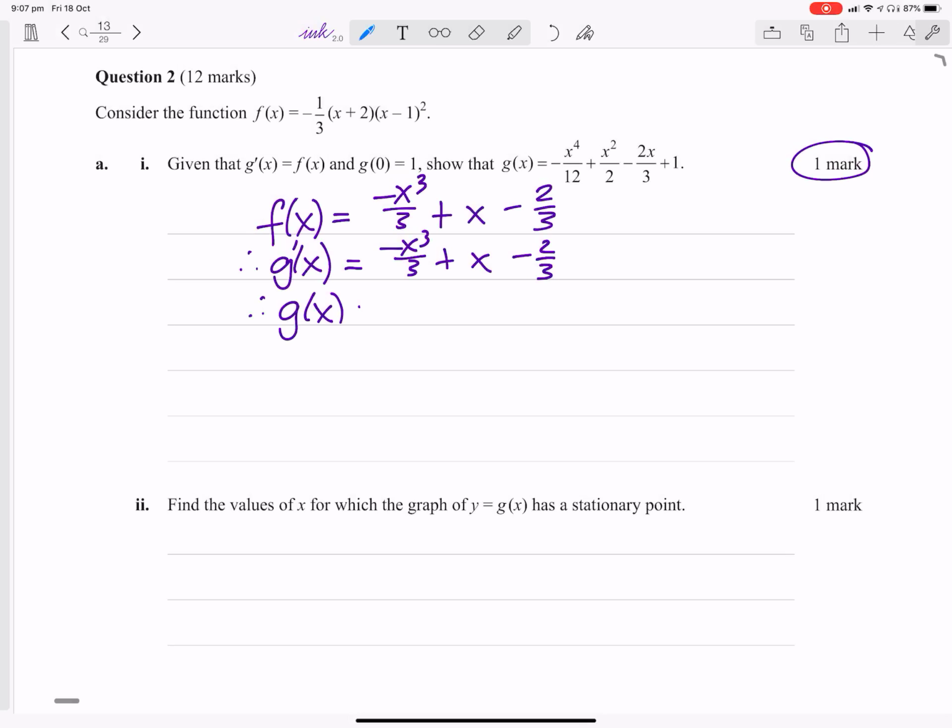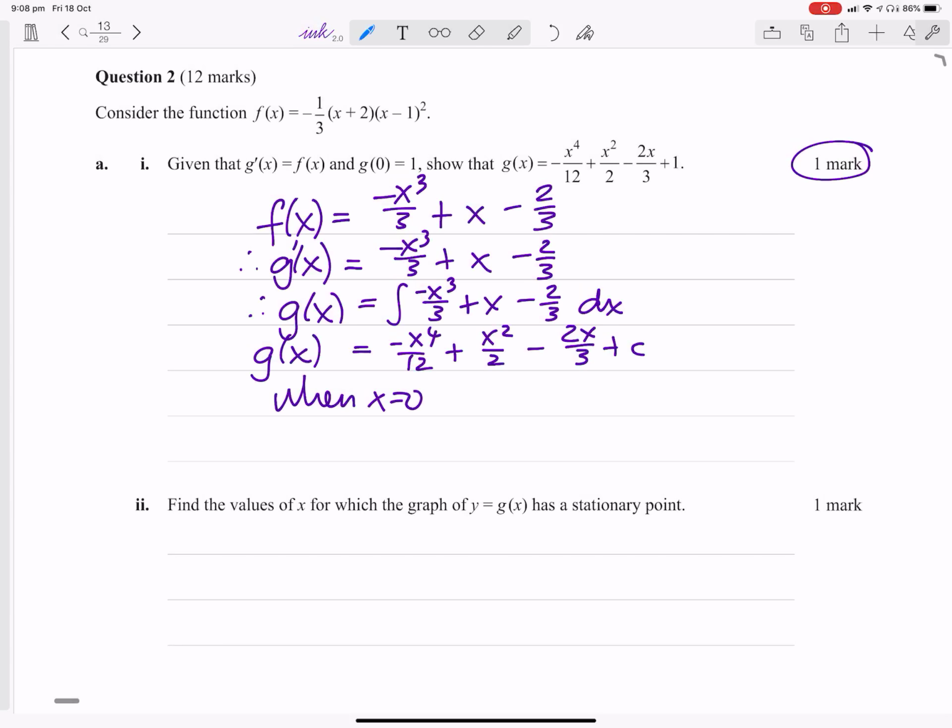Therefore, g of x is the integral of negative x cubed on 3 plus x minus 2/3 dx, which is negative x to the 4 on 12 plus x squared on 2 minus 2x on 3 plus c. And we know when x equals 0, g of 0 is 1.